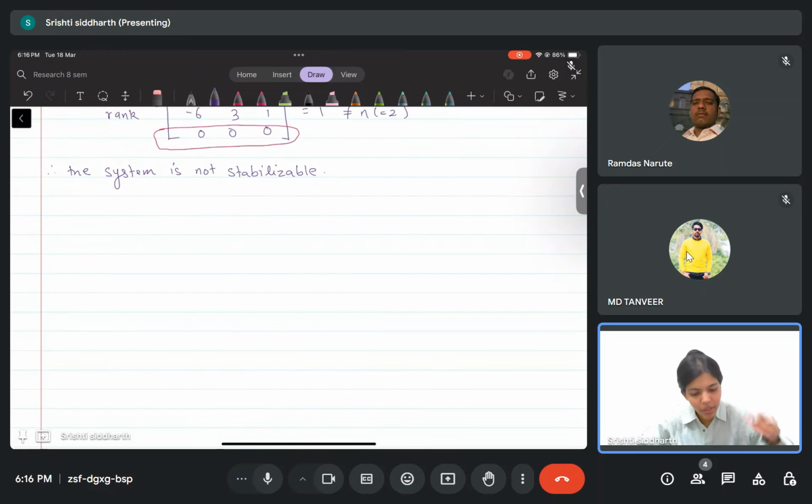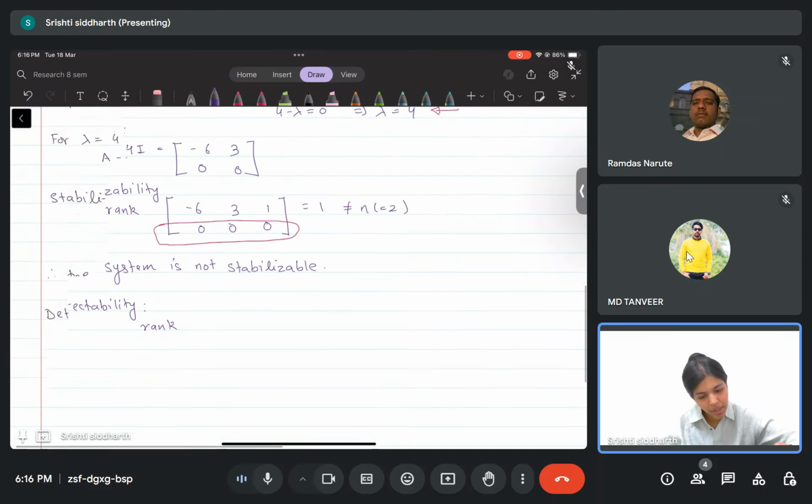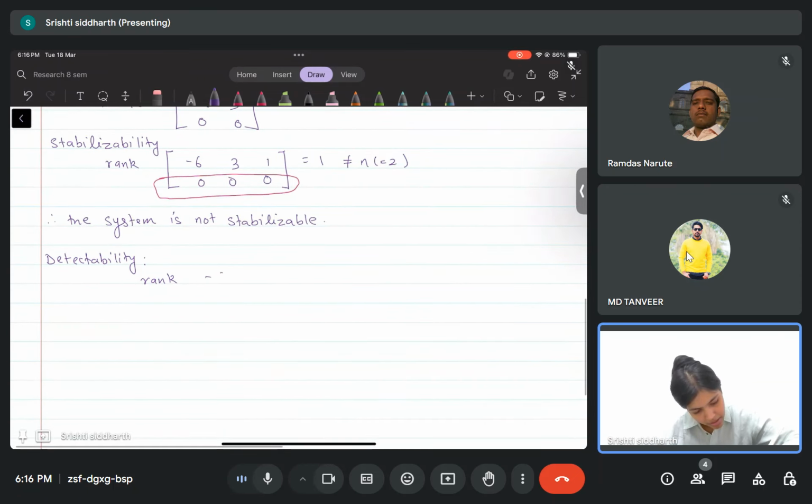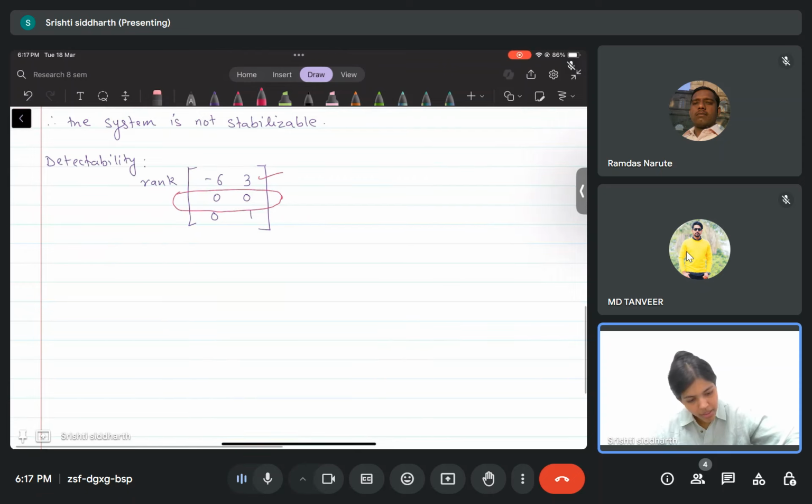Let's talk about detectability. A minus 4I, so that's minus 6, 3, 0, 0, and then C, that's simply 0, 1. One row is a row of zeros, so we check whether the other two rows are linearly independent.